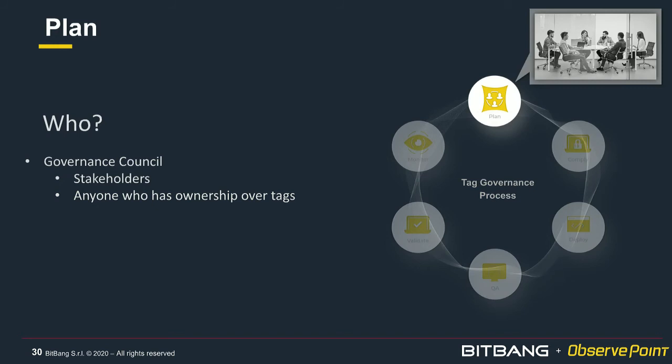So we're talking about CMOs, people who need a return on investment from that marketing spend, or a CDO, someone who needs to know that the data being sent from the website about their customers to third parties is secure. So we're talking about walking that ridge again.